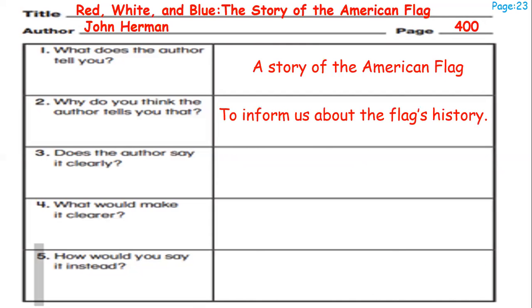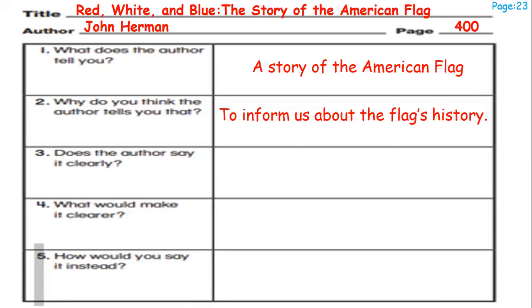To inform us about the flag's history, right? To inform. So why? This is the purpose. The author's purpose, okay? So to inform us about the flag's history.